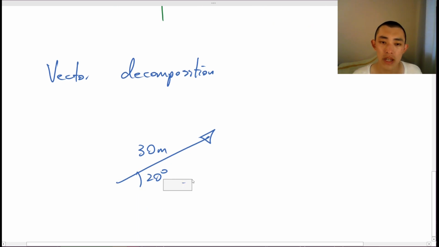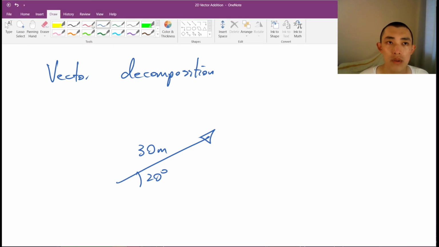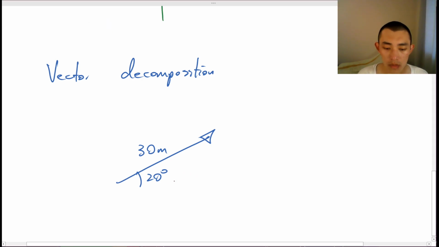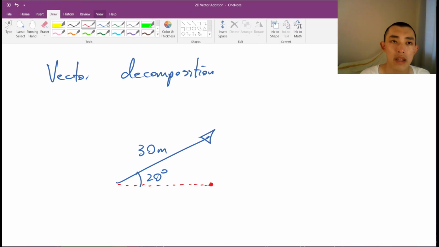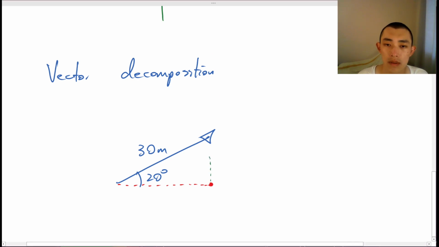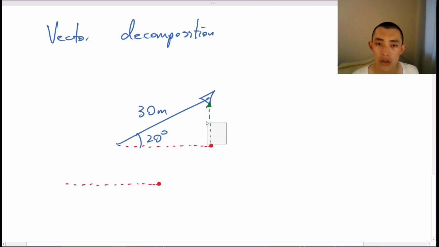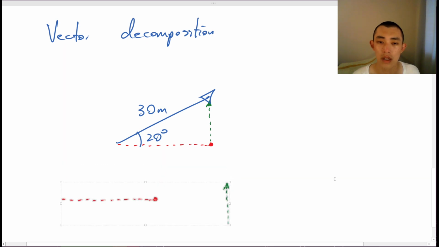So we can always decompose a vector into its x and y components. So we can see its x component here, right? And its y component here. So you can imagine that if I was to grab this red component and this green component and added them together, well, what would I get?